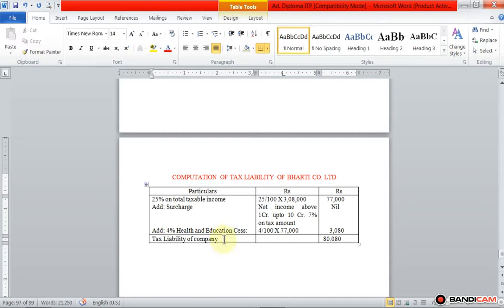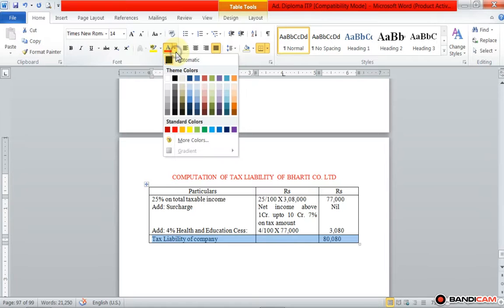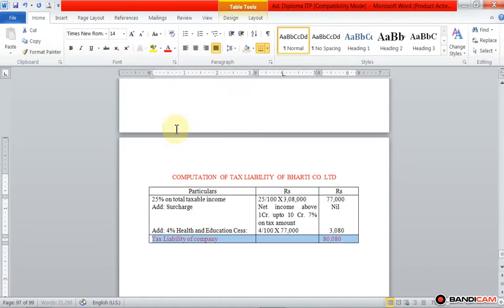Tax liability of company 80,080. Got it? Very easy to compute a tax liability. Just remember the rate of income tax, surcharge condition, and 4% health and education cess.